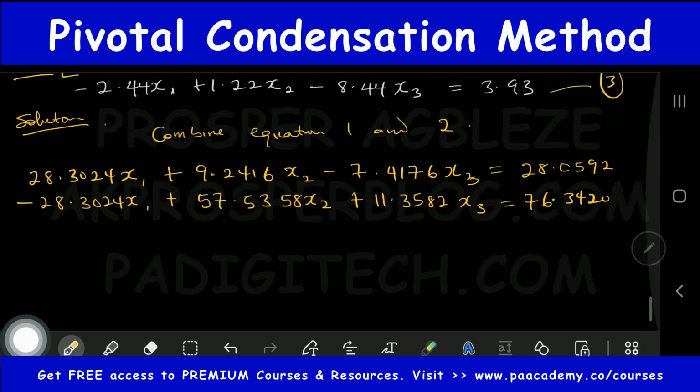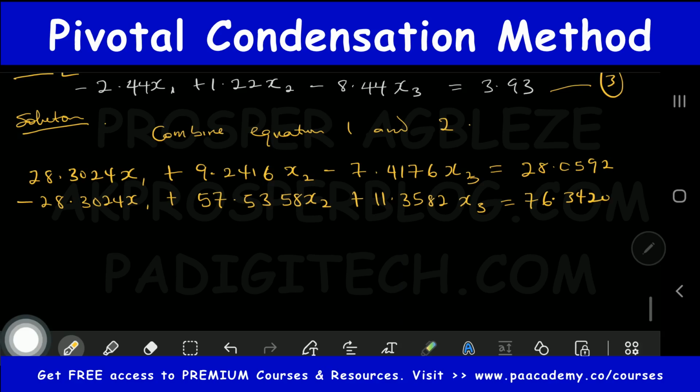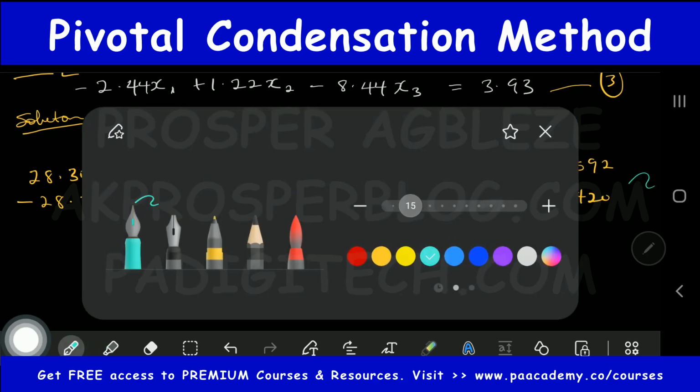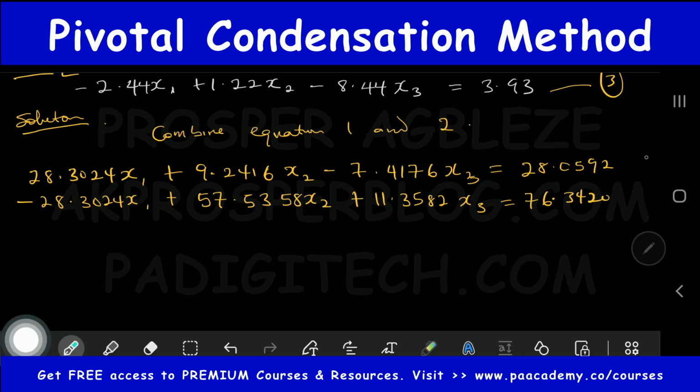If you're wondering how I'm getting it real quick, I've actually solved it earlier. Okay, so the next thing we're going to do is add these. Let's call this our equation 4.